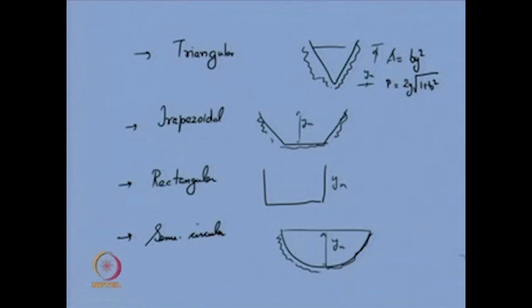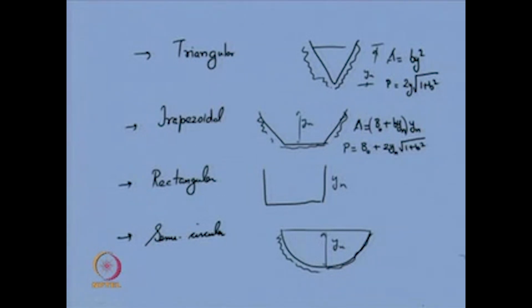In the trapezoidal section, if the bottom width is b 0 and the side slope is 1:b, the area A is equal to b 0 plus b y n times y n, and your wetted perimeter P is equal to b 0 plus twice y n root of 1 plus b square.